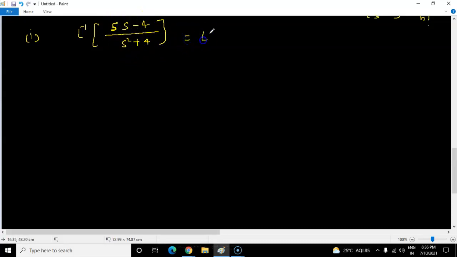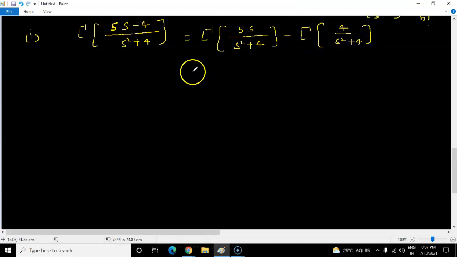So I can write it here, Laplace inverse of 5s divided by s square plus 4 minus 4 times Laplace inverse of 4 by s square plus 4. So here 5 is a constant, you can take it outside. S by s square plus 4 I can write cos of 2t. So this is 5 into cos of 2t.